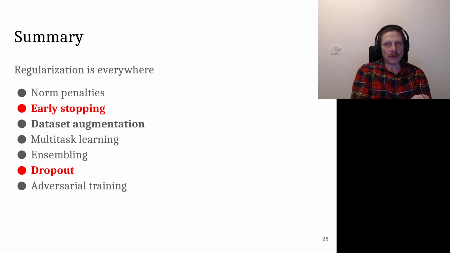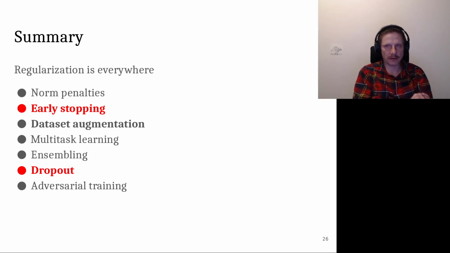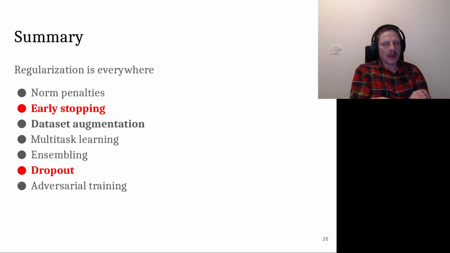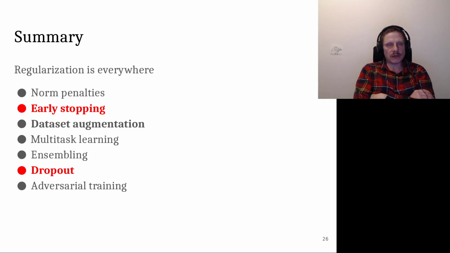So to summarize what we've seen in this lecture about regularization, there are many different things that can be called regularization, or that have aspects of regularization to them. We have seen several of them. I want you to especially pay attention to two of them: early stopping and dropout.